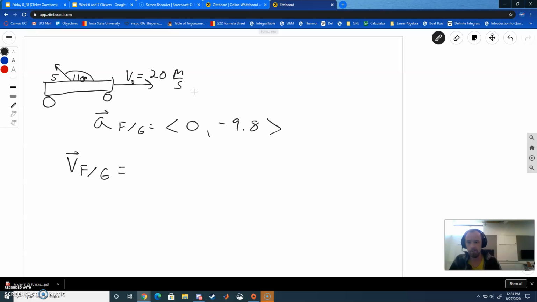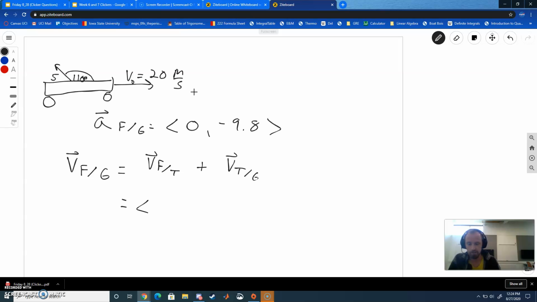Following our little formula, we can use the train as an intermediary. So the velocity of the frog with respect to the ground equals the velocity of the frog with respect to the train plus the velocity of the train with respect to the ground.